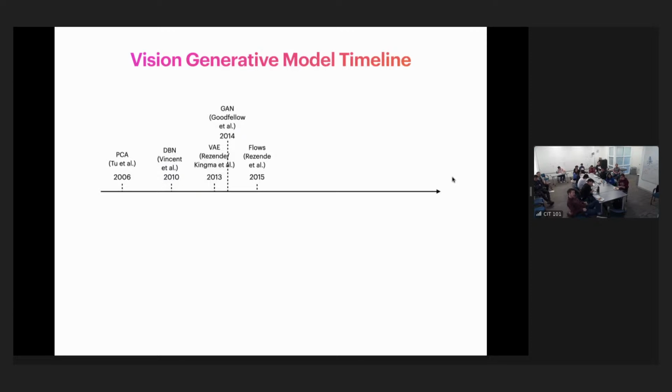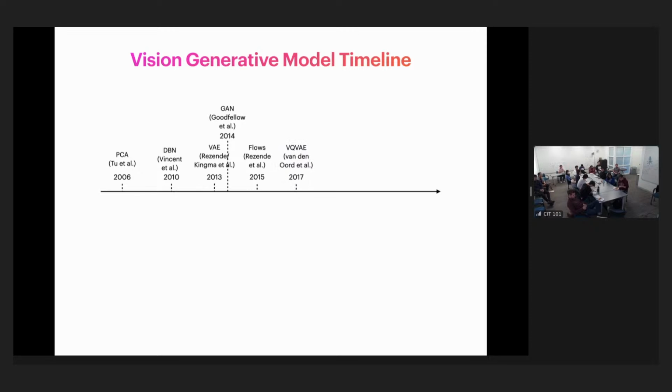Then in 2015, there are normalizing flows, which are very interesting as an architecture with very nice properties, like being invertible. But they never created results pleasing enough to make it into the mainstream of generative architectures, so they remain a niche in generative models research. I won't go into details of that.